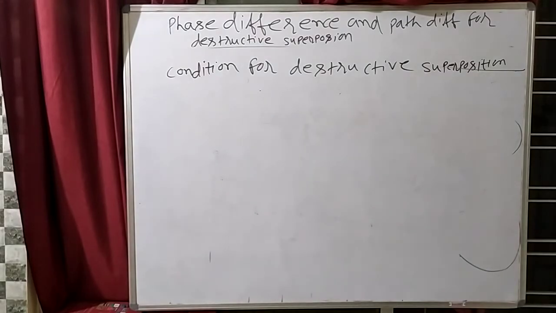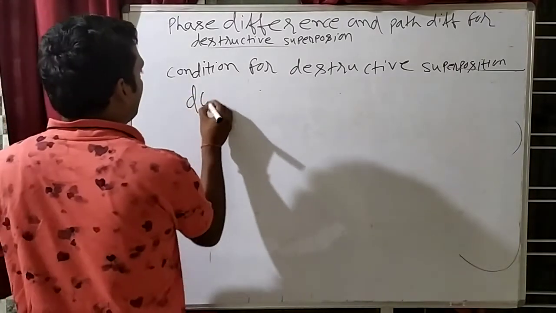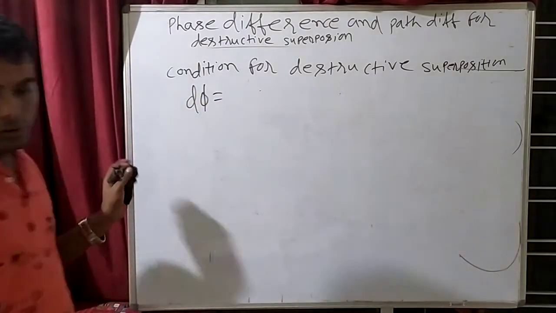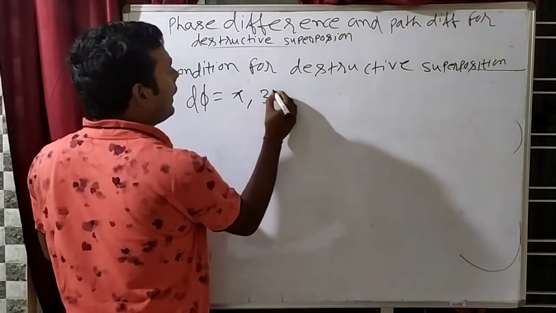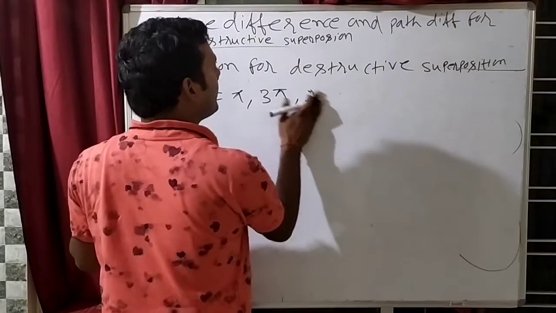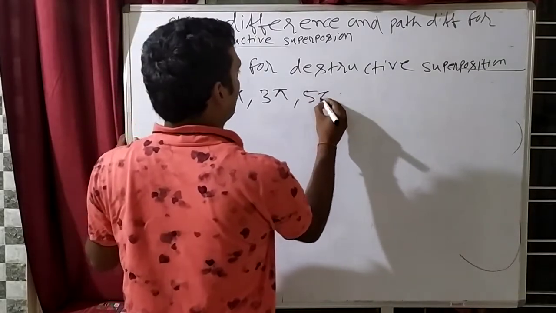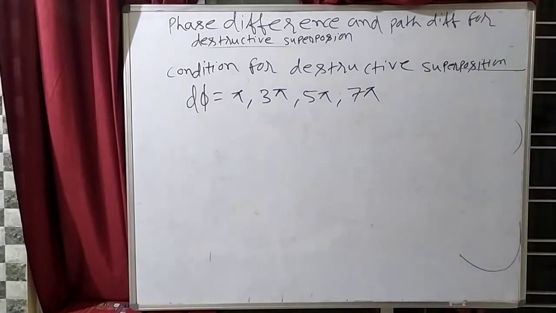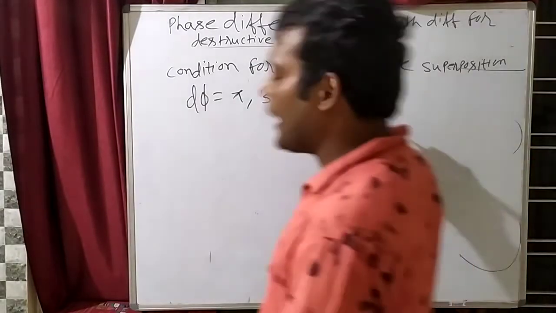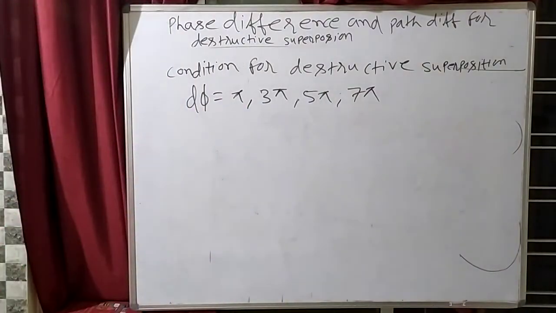What will be the condition? Tell it fast. It will be equal to pi, 3 pi, 5 pi, 7 pi, like this. That means all of them are coming.